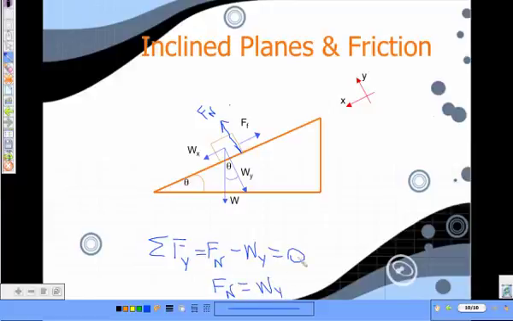Are we going to change that later? Well, it all depends. When we were pulling at an angle, they weren't equal to each other because we had that Fy in there too, right? So in inclined planes, it should always be equal, because I don't know if you'll ever have another Y force. What happens when you're pulling it up?